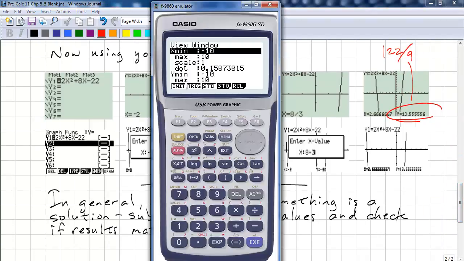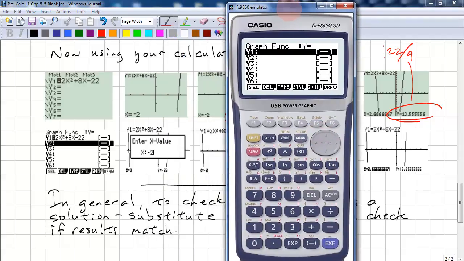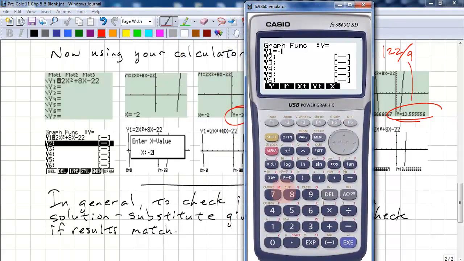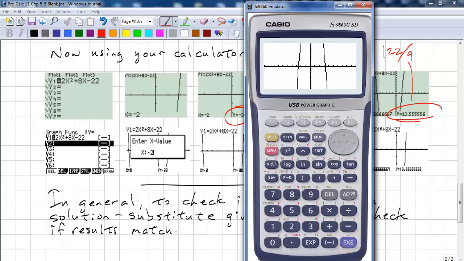On the Casio, we can do the same thing. Let's enter our other formula, negative 4x squared plus 3x plus 34, and draw. We can press F1 to trace, enter negative 2, and we get 12. And we can enter 8 over 3, and we get our 13.5 repeating, which is 122 over 9. So this is a much quicker way to check.